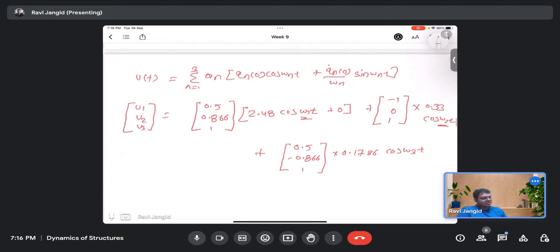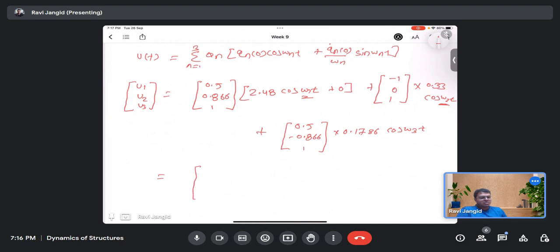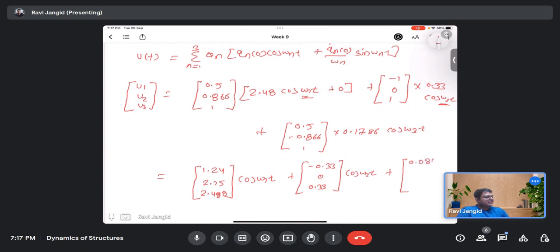So after rearranging the terms or simplification, it is coming like this: 1.24, 2.15, 2.448 cos omega 1t, minus 0.33 cos omega 2t, plus 0.0893, minus 0.154, 0.178 cos omega 3t. So this is your u1, u2, u3.